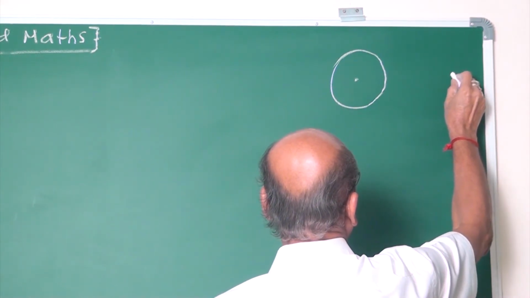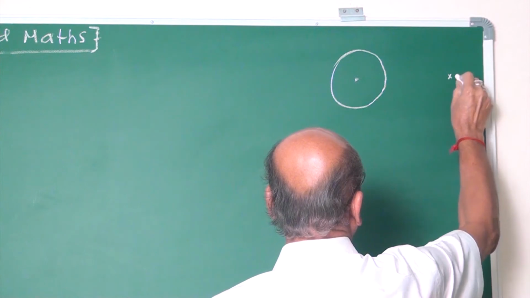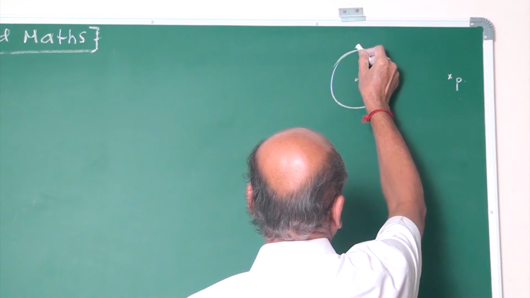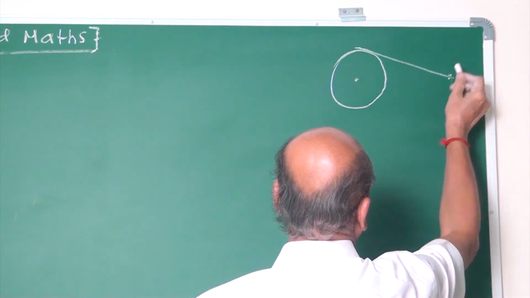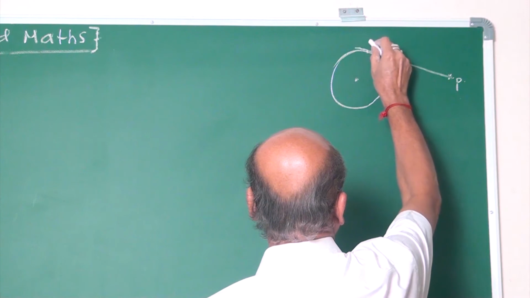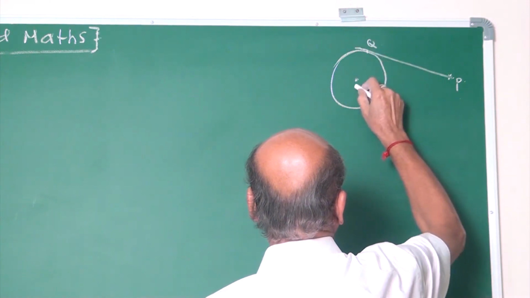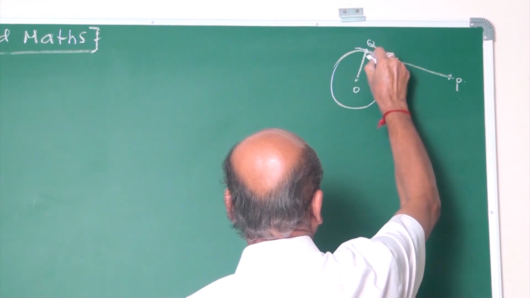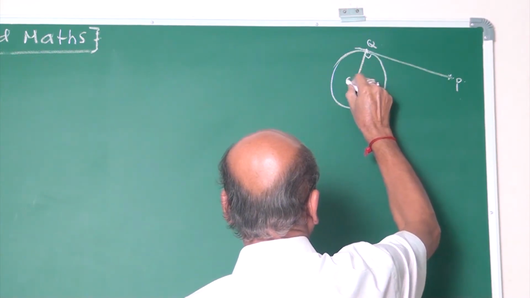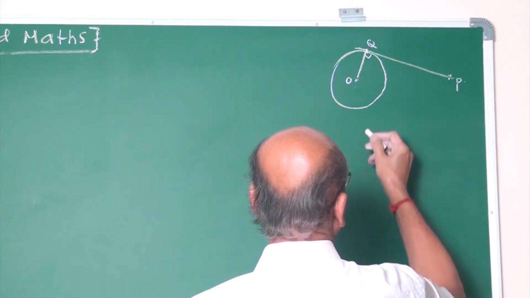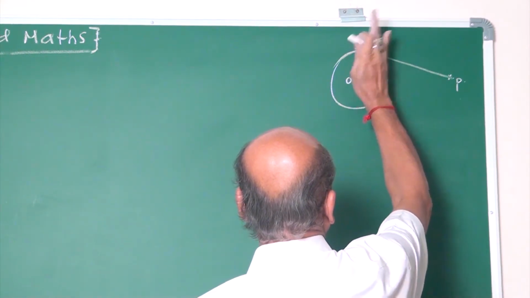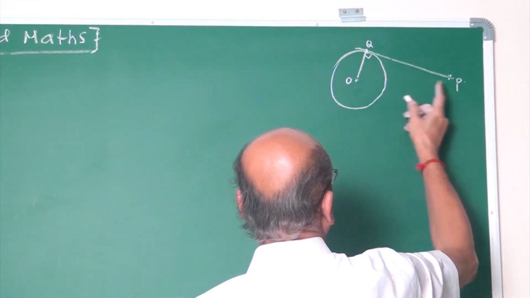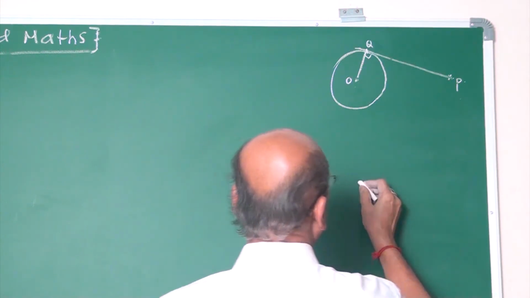This is the external point P. From P, there is one tangent. This is Q. This is center O. This is the perpendicular here. In this case, OQ is perpendicular to PQ.